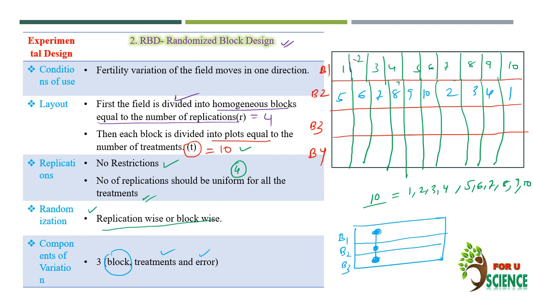Then there is the number of treatments we are using, and there must be some variation in them. If present, the variation will be due to treatment, and some accidental error may be counted in the components of variation too.